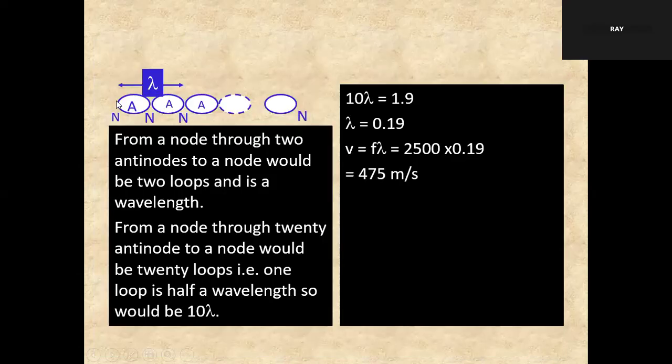From a node to first node, second node, third node is a wavelength. From a node to an antinode to a node.